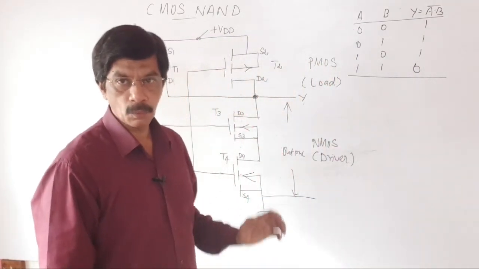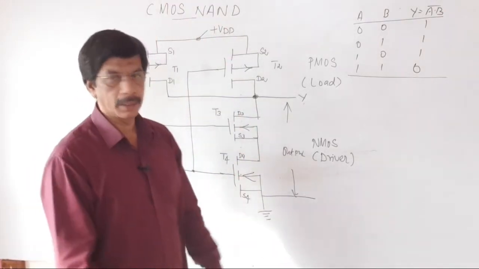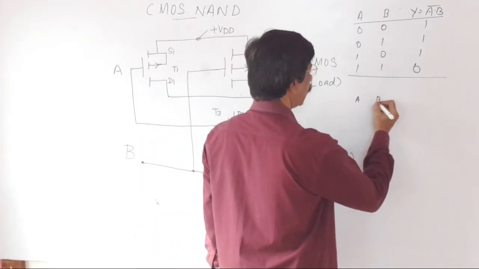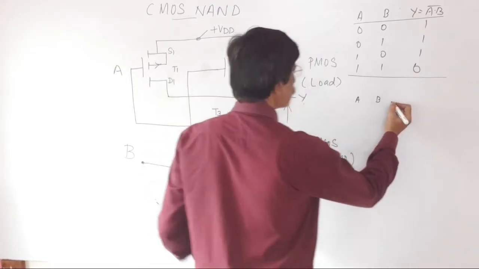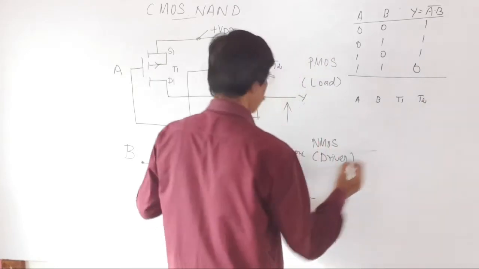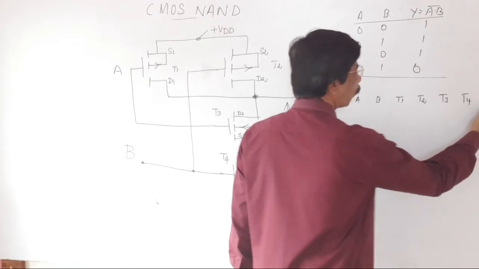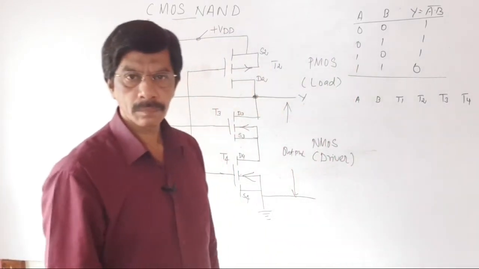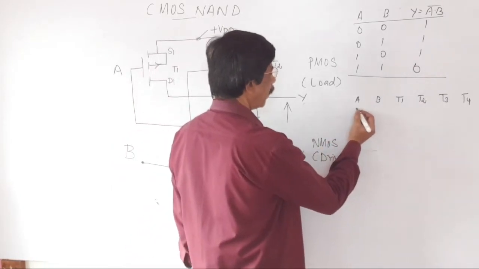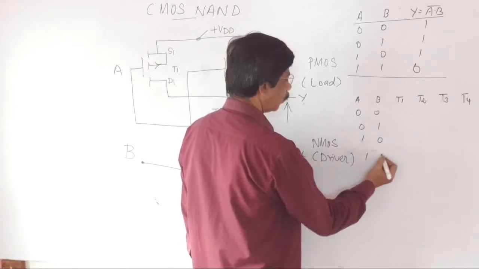You have to construct one more truth table to study the operation of this CMOS NAND gate. That is input A, input B, transistor T1, transistor T2, transistor T3, transistor T4, and the output Y. The input values are 0 0, 0 1, 1 0, 1 1.